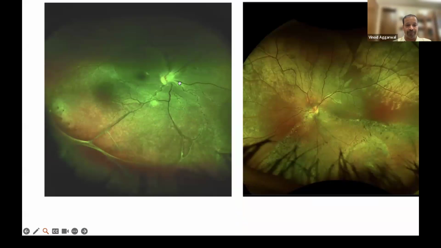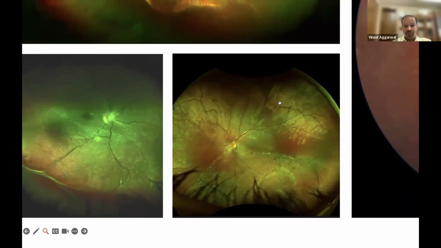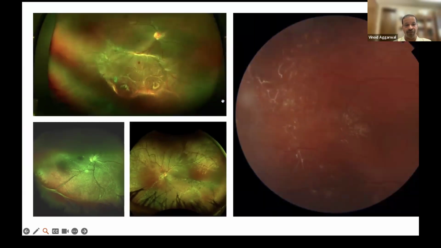When both of them are seen, at times these patients can present with retinal detachment. What is very common in these patients is a tapetal kind of reflex in the periphery. I'll talk about this a little later, but again, it can be a clue towards the diagnosis of X-linked retinoschisis.